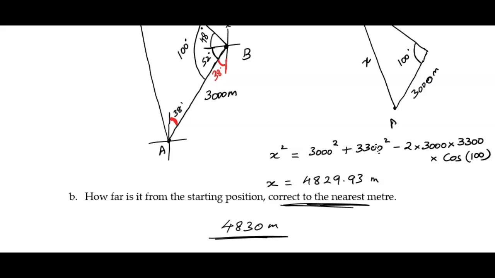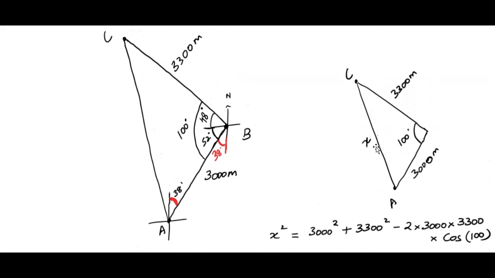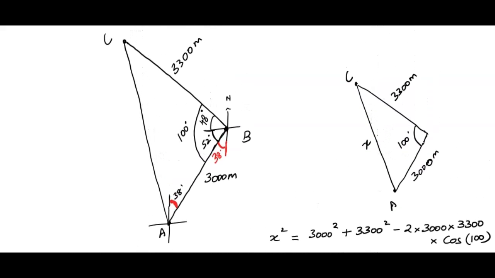That is how far the yard is from its starting position. So if I go back to this diagram, answering part A, we have now worked out the direct distance between points A and C. 4,830 meters is the distance of the yard from its starting position.